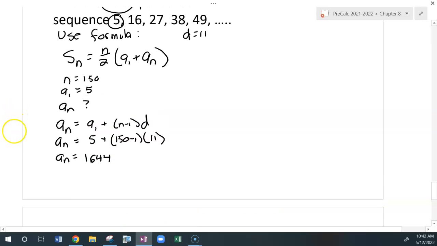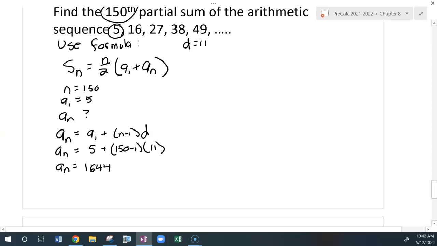Okay, that is now ready to plug in to our sum. n is 150. We're going to divide by 2. A sub 1 is 5. A sub 150 is 1,644.